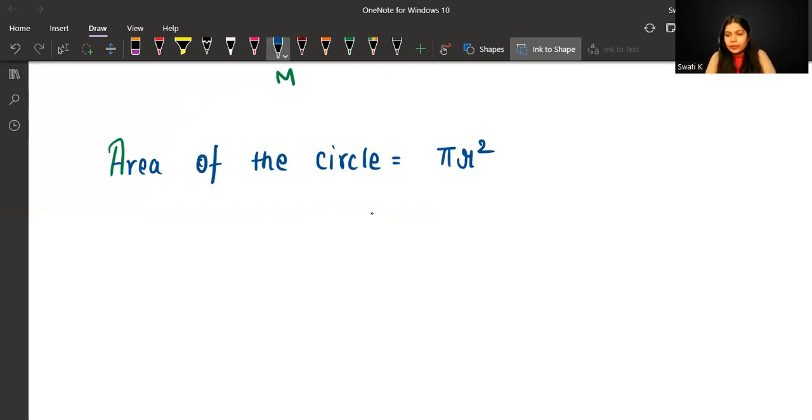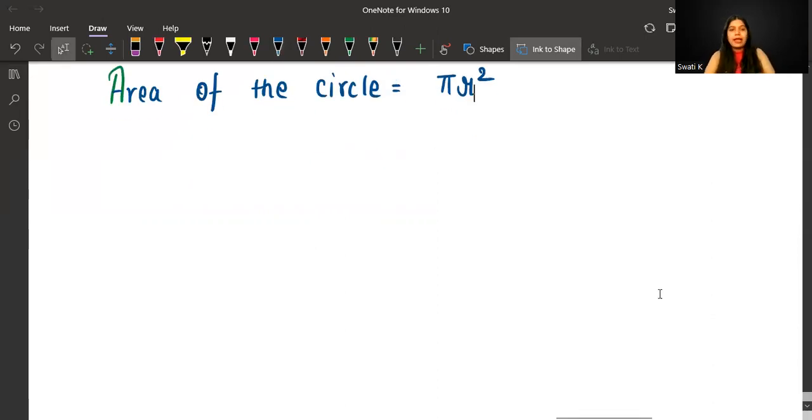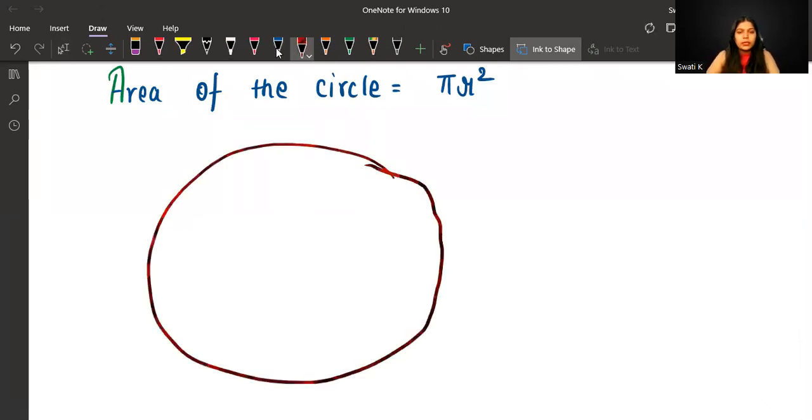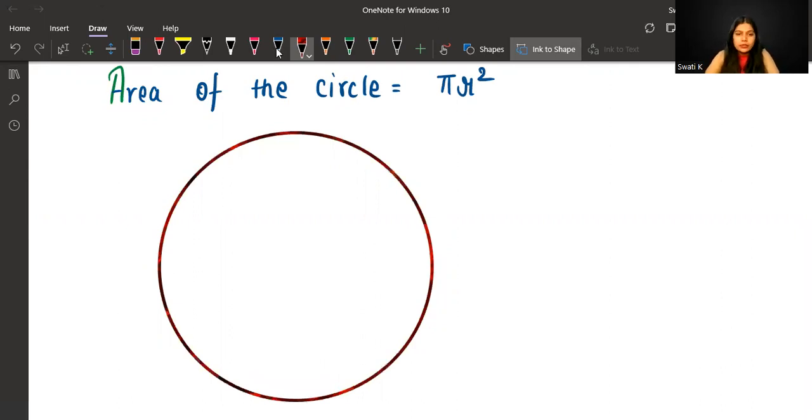Okay. Now let us go to one very interesting fact about chord. For that, I'll draw a circle. Now, by the definition of a chord, imagine this is the center of the circle, and this is a line segment that touches the circle at 2 points.